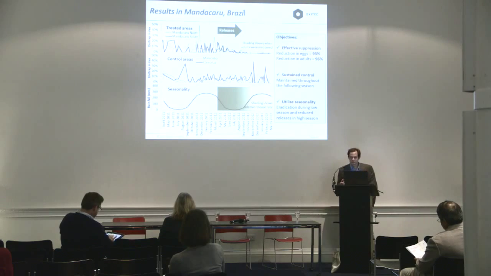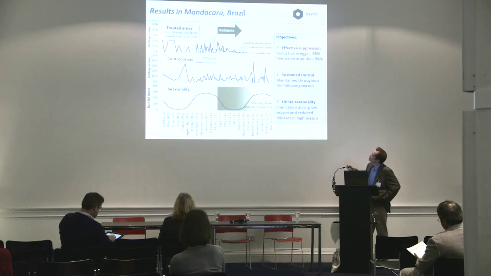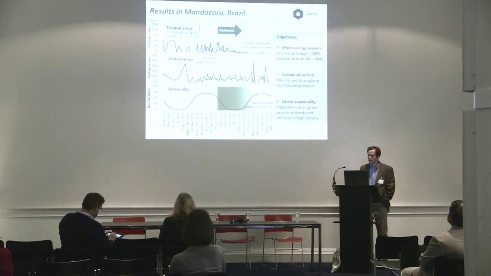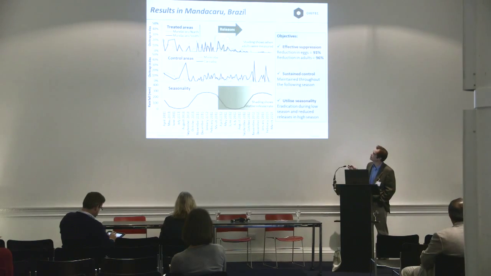Now, the figure of 96% reduction in the adult population is calculated from marked release recapture statistics, so we can only do that when we start releasing, so it's the difference between here and here, before and after treatment.